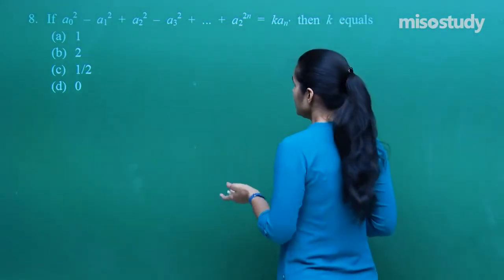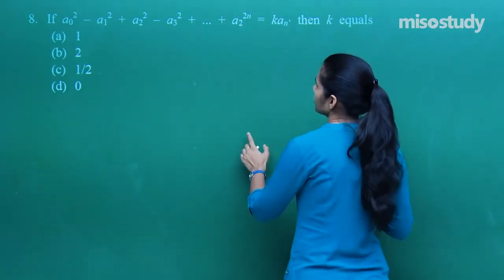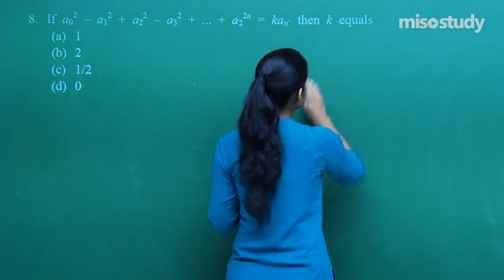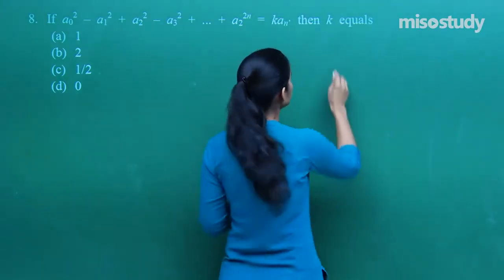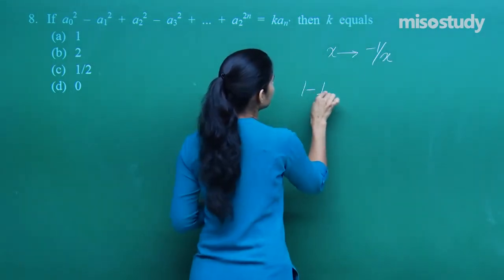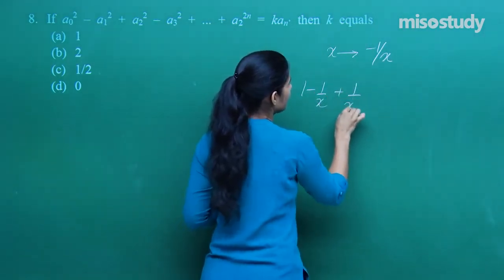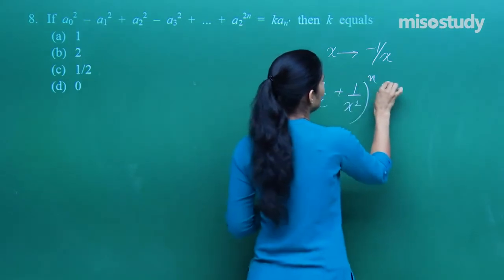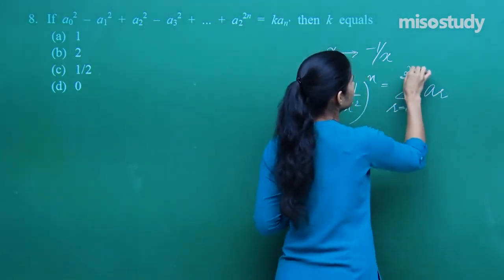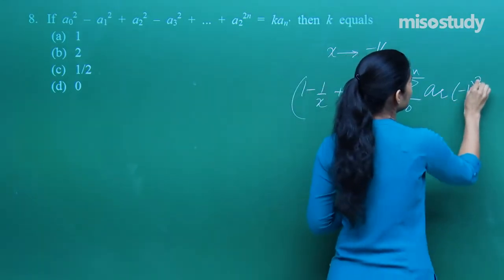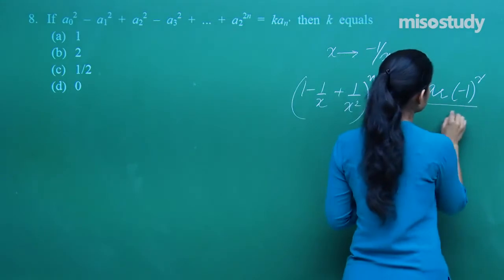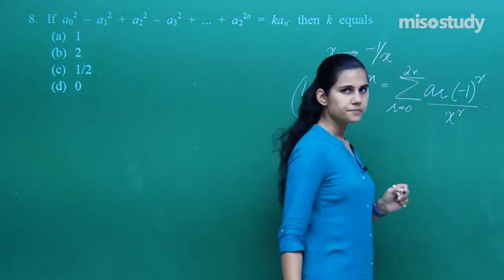Okay. If we are talking about this particular expression, now you can see that first of all in the expansion that we just did, if I replace x by minus 1 by x, I get 1 minus 1 by x plus 1 by x square whole to the power n equals summation ar, r going from 0 to 2n, minus 1 to the power r, and this minus 1 upon x to the power r.